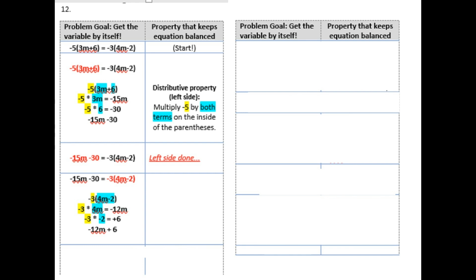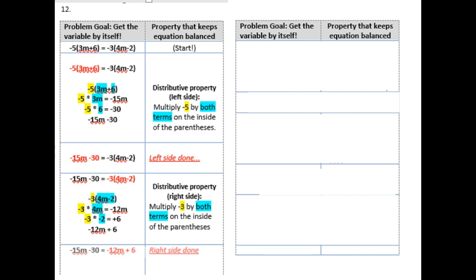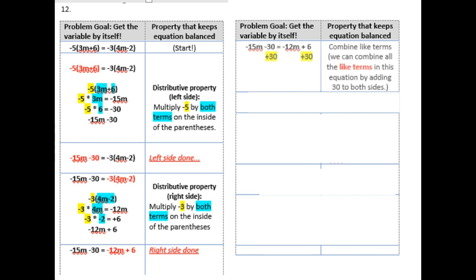Negative 3 times 4m equals negative 12m. Negative 3 times negative 2 is positive 6. Be careful with your signs right here. So negative 12m plus 6 is the right side. And again, watch your signs, because if you get your signs wrong at this point, it'll throw the rest of the problem off. So we're going to try to isolate that variable. We're going to add 30 to both sides.